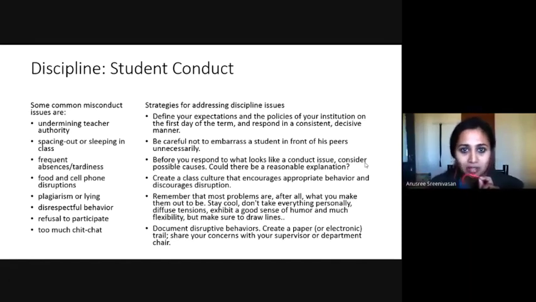Okay. Then it is also better to document disruptive behaviors. So if a student is making the same issue again and again, then maybe you have to take it to the next level. You may have to report it to your superiors. So it's better you document them.